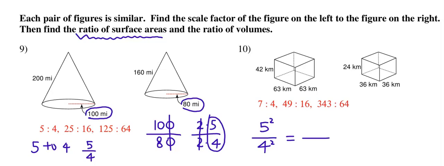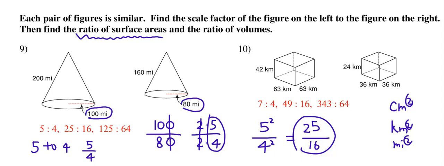If you want to find the ratio for surface area, you will square it. Why? Because think about area, it always comes with a little square. Therefore, you will square it. I hope you see, oh, it all makes sense, right? Now we got this one.